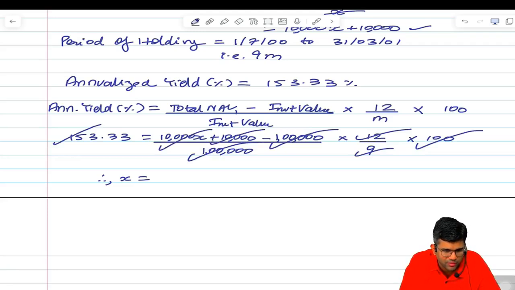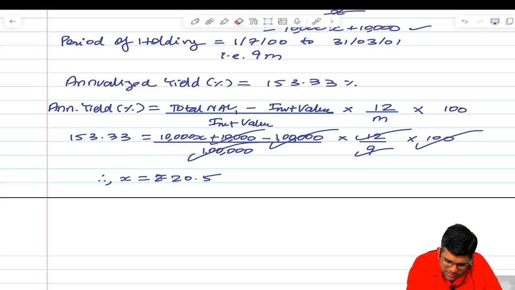You're understanding what I'm doing? Should get, I think, 20.5 is the X. Please check this number. I just calculated the whole thing in one shot on the calculator.